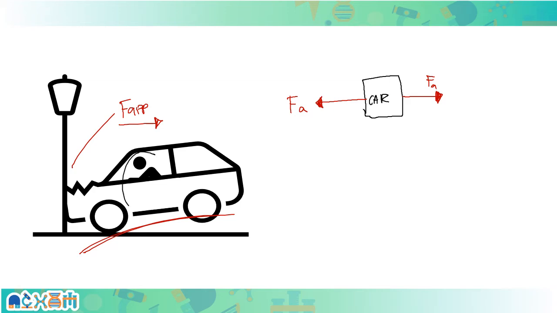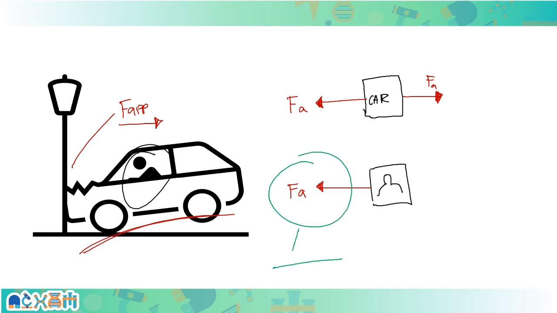However, if we now try to analyze the FBD of the person, of course, the person is in the car, and will also experience the same force because it's moving in this direction. However, as you can see here, it's not directly affected by the lamp. So this force here will still continue to cause acceleration in the same direction.